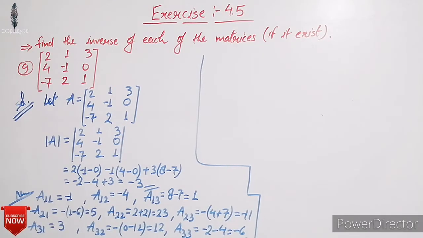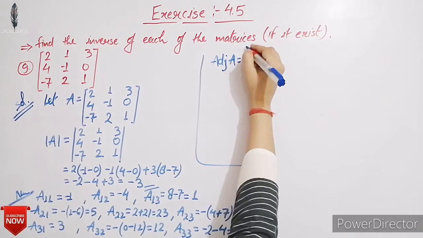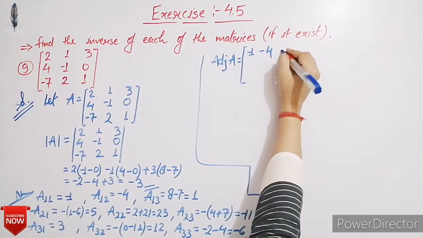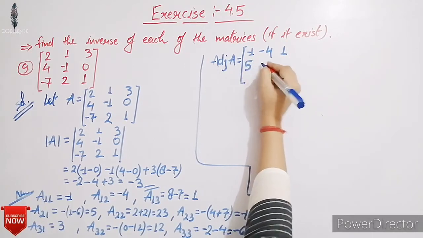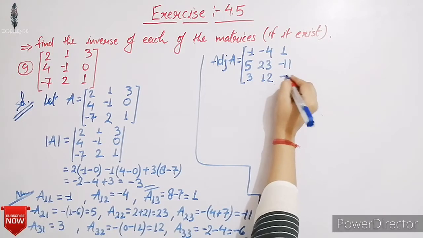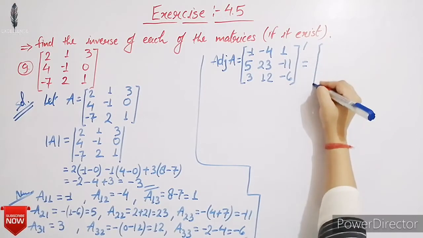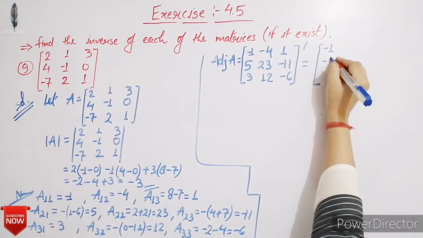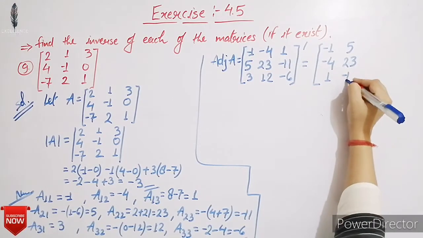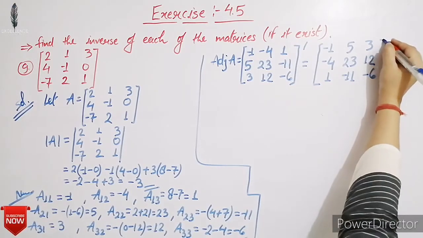Now adjoint of A: its cofactor matrix is [−1, −4, 1; 5, 23, −11; 3, 12, −6], and its transpose.